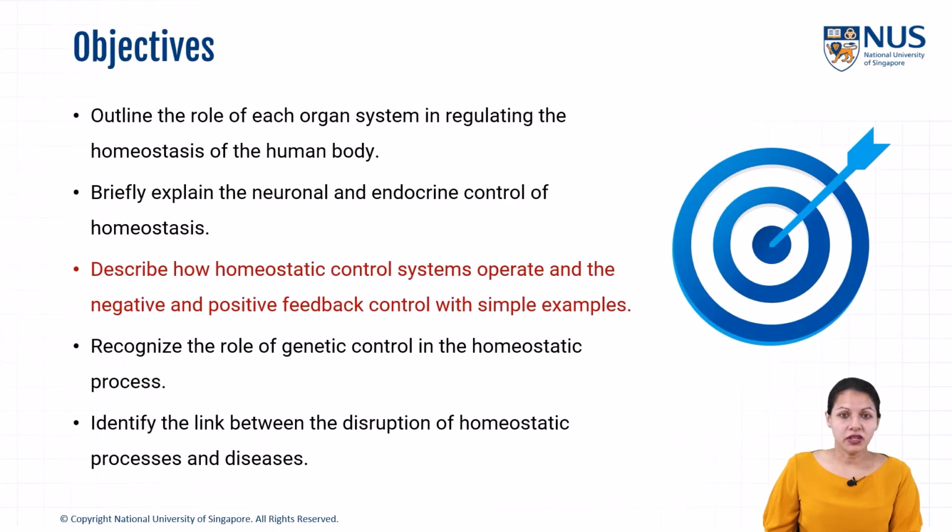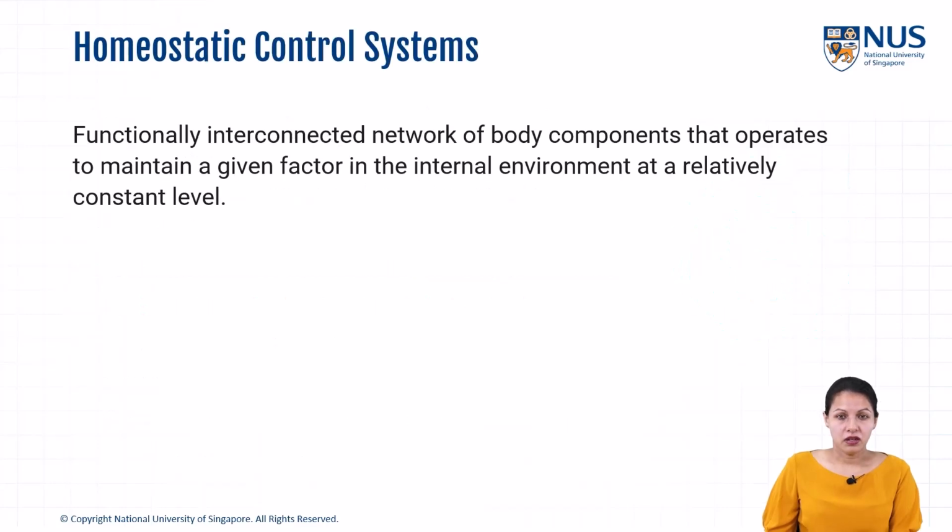Now, let's look into how homeostatic control systems operate in the body, and we learn another fundamental principle on negative and positive feedback control. Let me introduce this term, homeostatically controlled system.